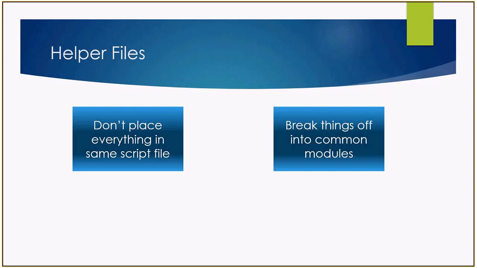And what I mean is, don't just have one main file and one helper file. What I like to do is have a helper file for anything specific to a particular area. If I'm dealing with lists, I have a list helper file. If I'm dealing with workflows, I have a workflow helper file. If I'm building queries for gathering data, I have a helper file just for that.